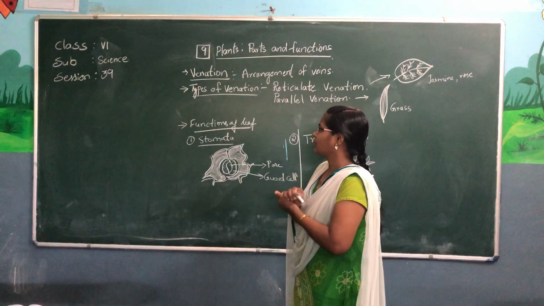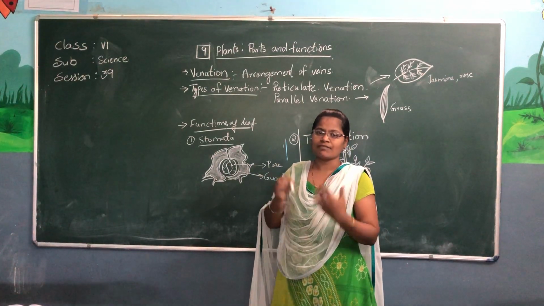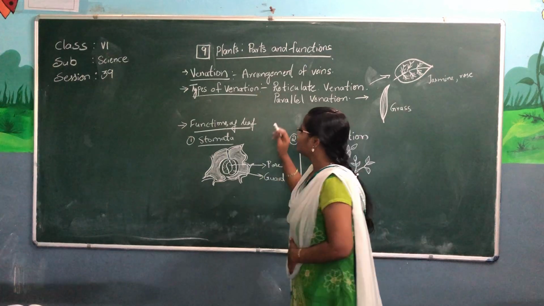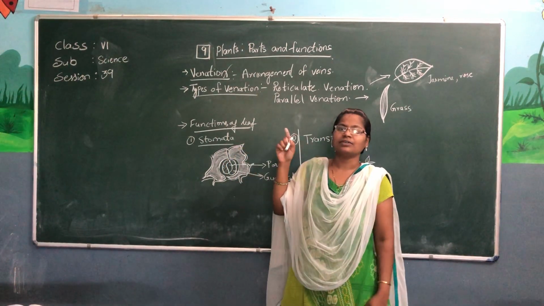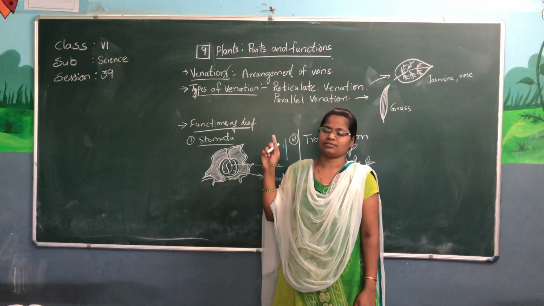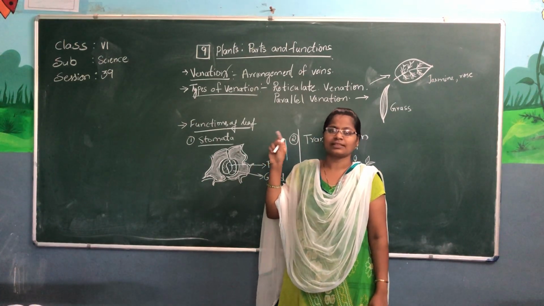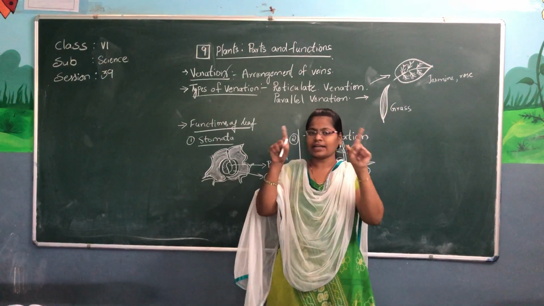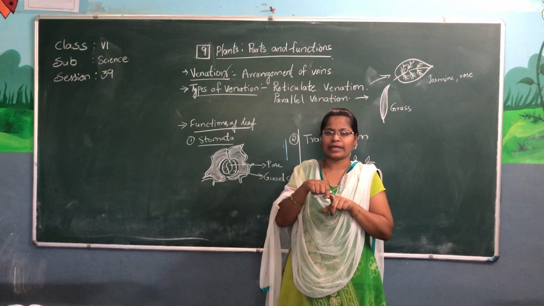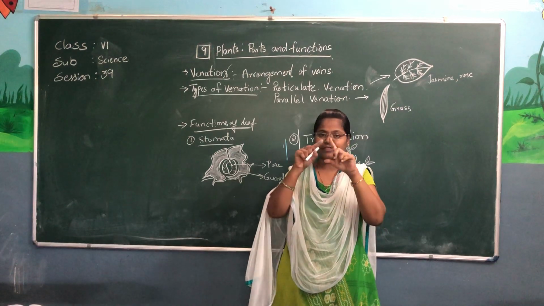Now first we will read what veins are, and why leaves are divided. First, the term that comes is venation. Venation is nothing but veins. These veins are arranged on the leaf like a web.